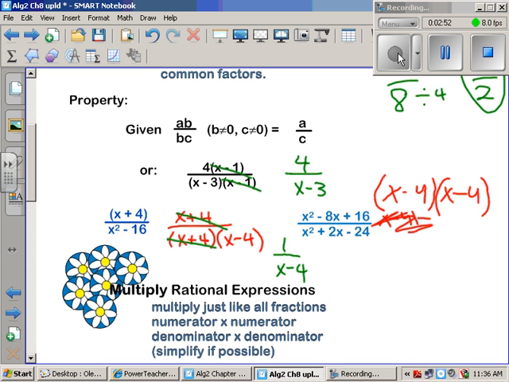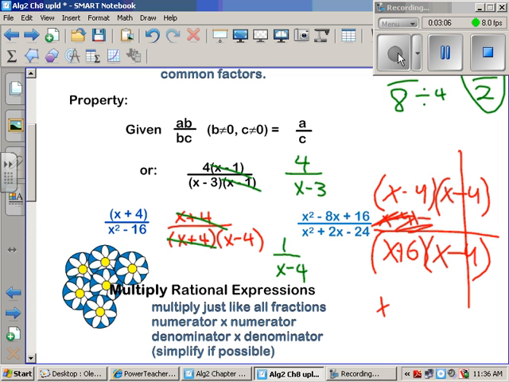And that equals that, and then you come down here, and you gotta factor this out, and it's just x plus 6, and then x minus 4. And then these 4's cancel out, and you're left with x minus 4 divided by x plus 6.